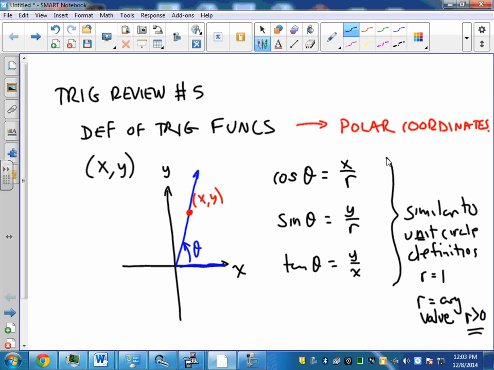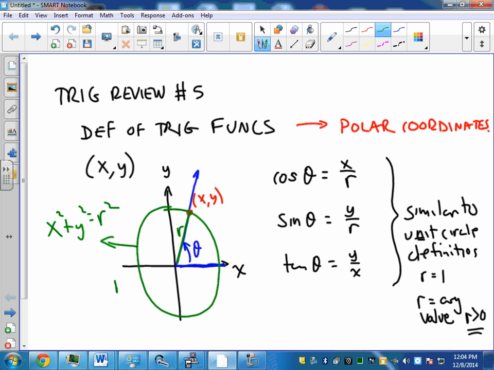Okay, so let's think about what this means algebraically. Here's our circle centered at the origin. This is x squared plus y squared, it's r squared. So r is the radius of the circle. You can think, if you want, r is going to be the square root of x squared plus y squared.